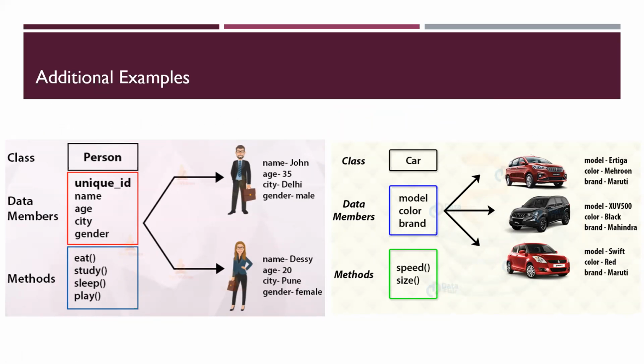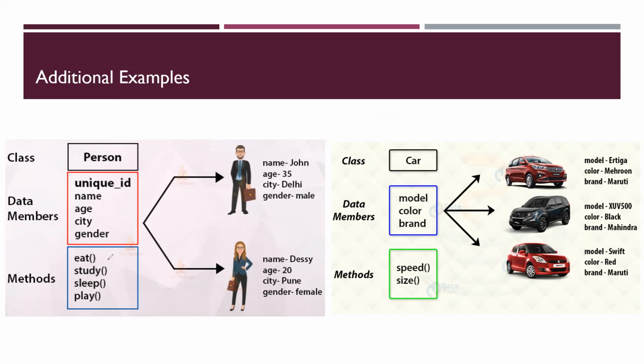Okay, so a couple more examples. You might have methods, like we were saying, and then you might have data members. Like with data members, a person might have a name, an age, a city, a gender, and every car might have a model, color, and brand. And then they might have methods that also give you a little information about them.